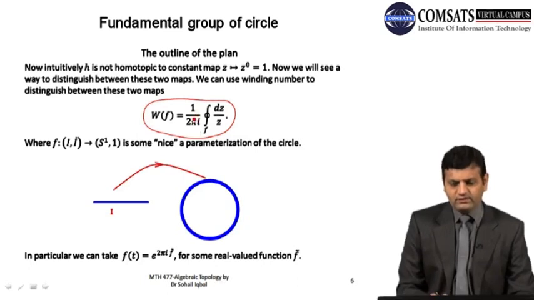So consider this integral, 1 over 2 pi i, taken over f, dz by z, where f is some nice parameterization of the circle. This circle on the integral denotes that we are integrating on some simple closed path, where f is a parameterization of the circle.